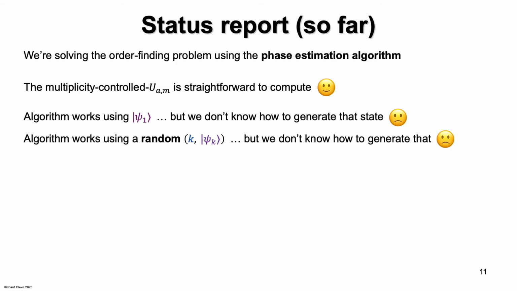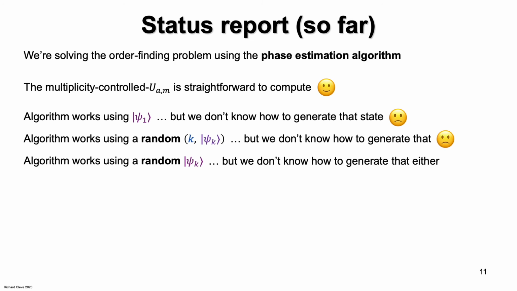Next, we saw that if we could generate a randomly sampled psi k, but without the k, then we could still determine r from that. In that case, we had to do more work, but using the continued fractions algorithm and some probabilistic analysis, we could make this work. So, can we generate a random psi k?